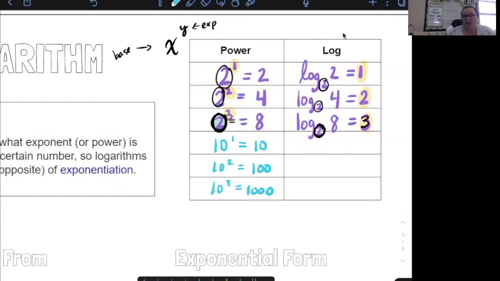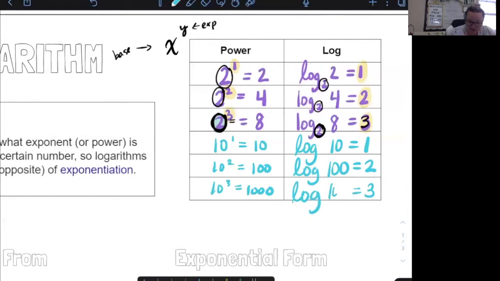So when I rewrite these as logs, I'm going to take my log base 10 of 10 is equal to 1. The exponent becomes what the log is equal to. So my log base 10 of 100 is equal to 2. And my log base 10 of 1,000 is equal to 3.